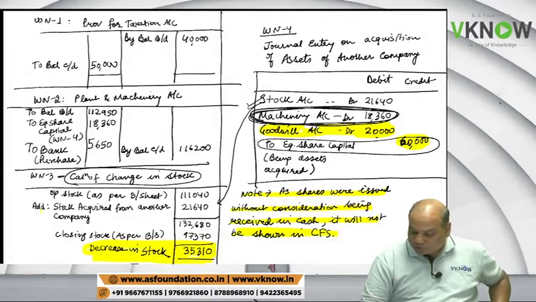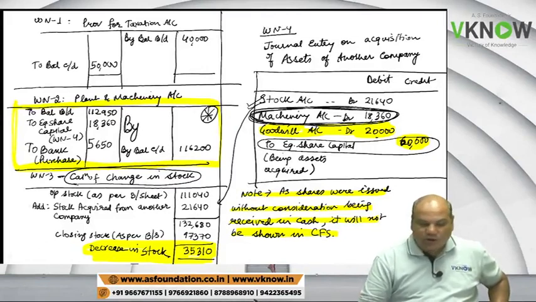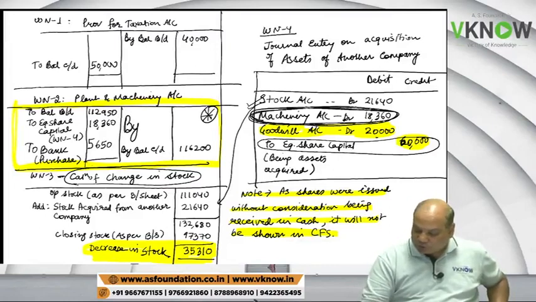Dear learned students, please tell me what is the balancing figure in plant account. There is a difference on the credit side. How much is the difference and what will you call it? Take debit side total first.